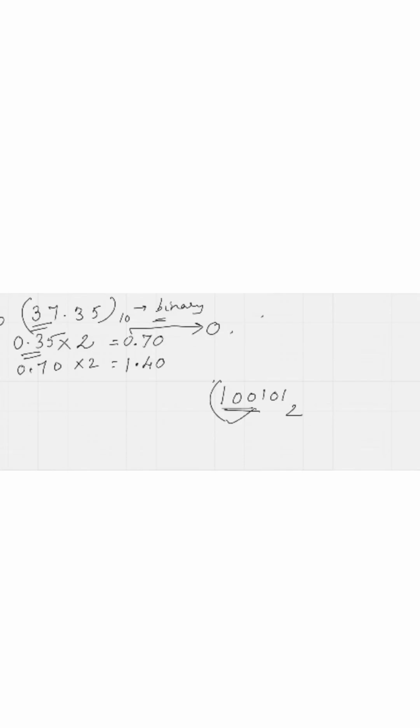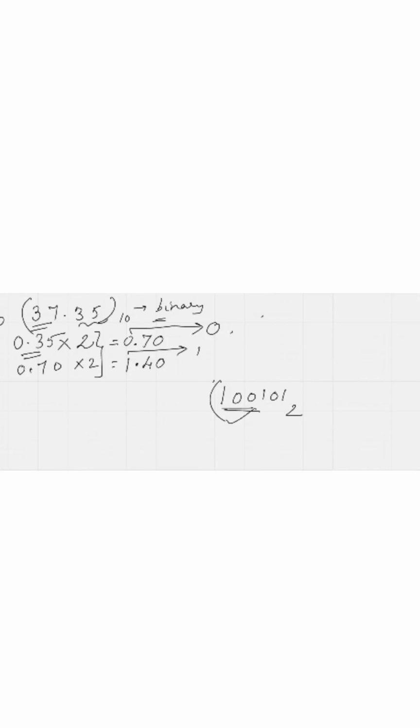The whole number here is 1. How many times do we multiply? We have only 2 digits after the decimal point, so we go for 2 multiplication operations.